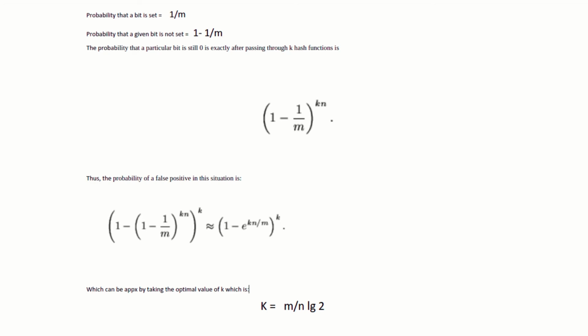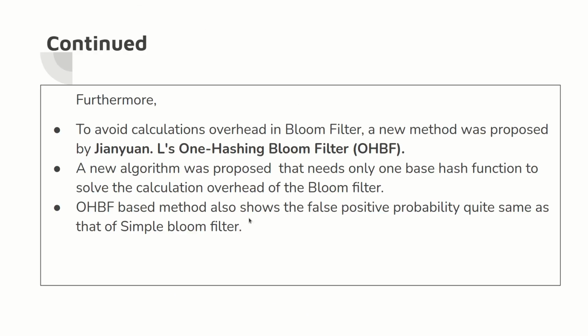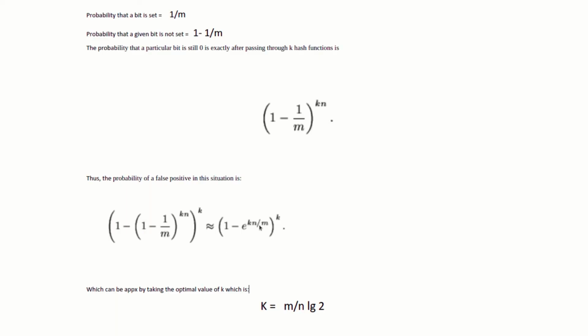Thus we can see that the false positive probability in this situation is 1 minus 1 over m to the power kn, whole to the power k, which can be approximated for an optimal value of k obtained by differentiating this expression, where we find k equals m by n log 2, and this gives the false positive probability in this case.